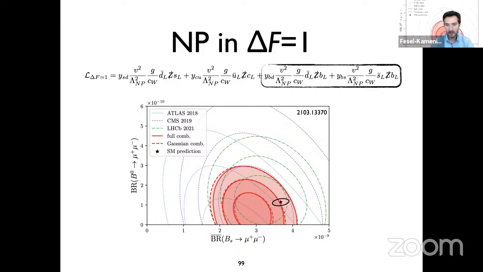And the standard model predictions for these decays are very precise and are shown in the black, and they are reasonably consistent, at a bit better than 2 sigma level, with the current most precise measurements, which are shown. The world average is shown in the red, the full combination.